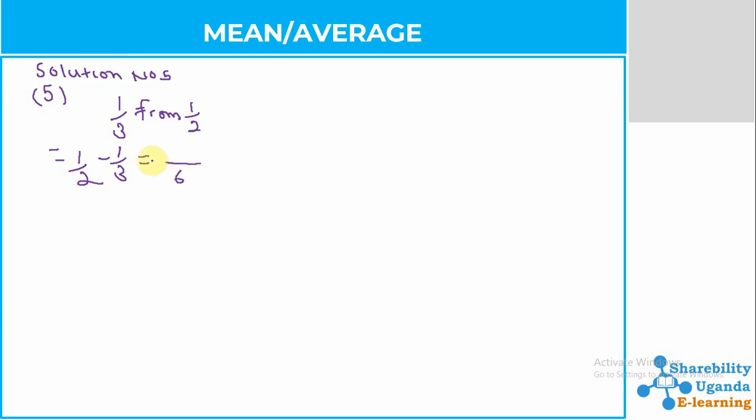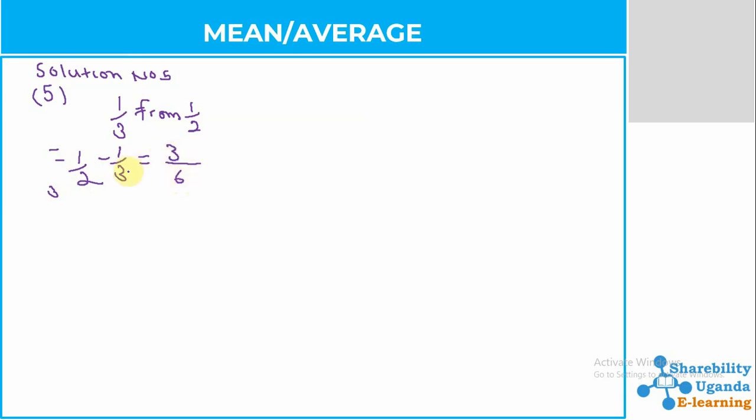So we use 6 as our common multiple. Then when we get our common multiple, we divide it by all of these denominators. We have 6 divided by 2, we get 3. 3 times 1 is going to be 3.